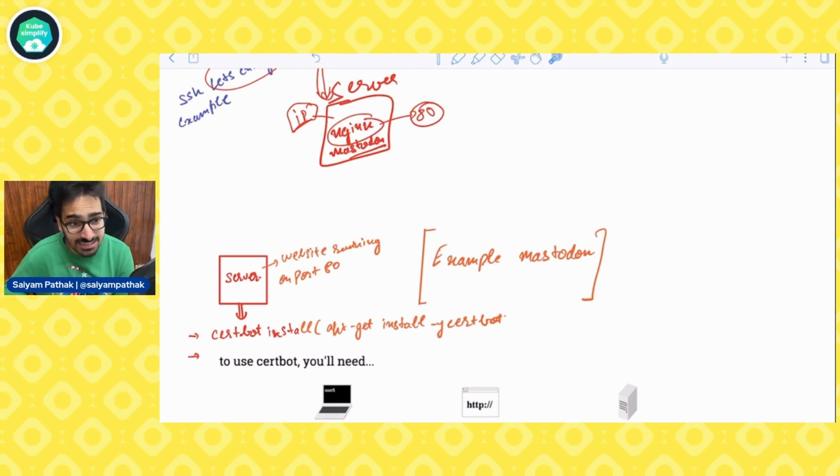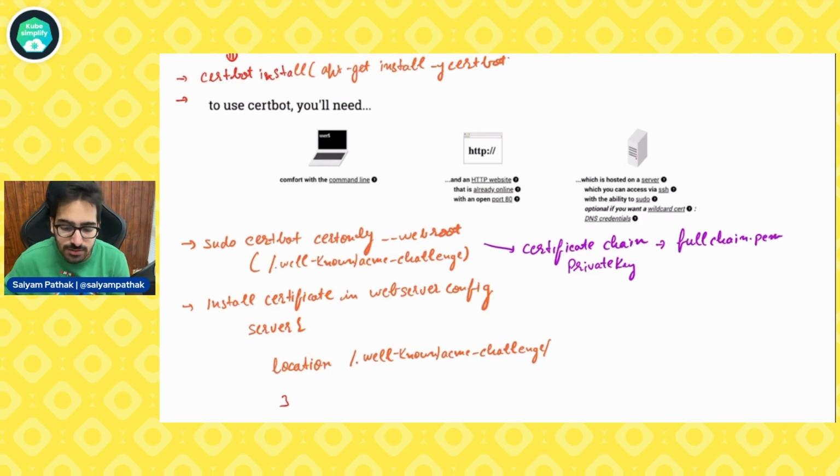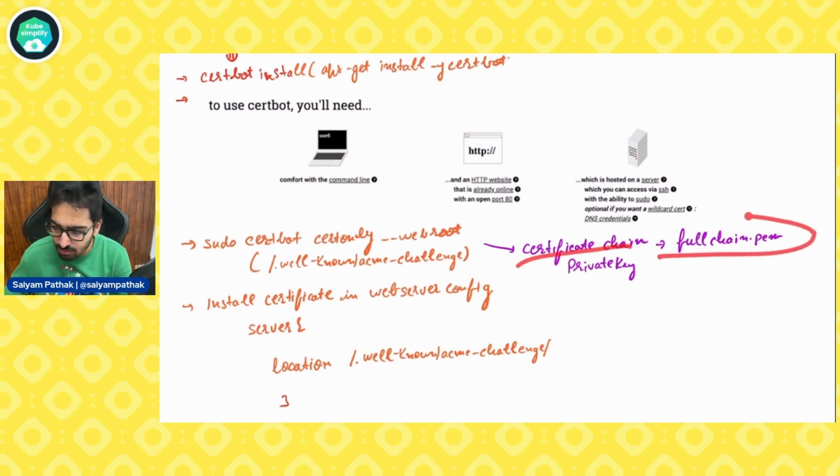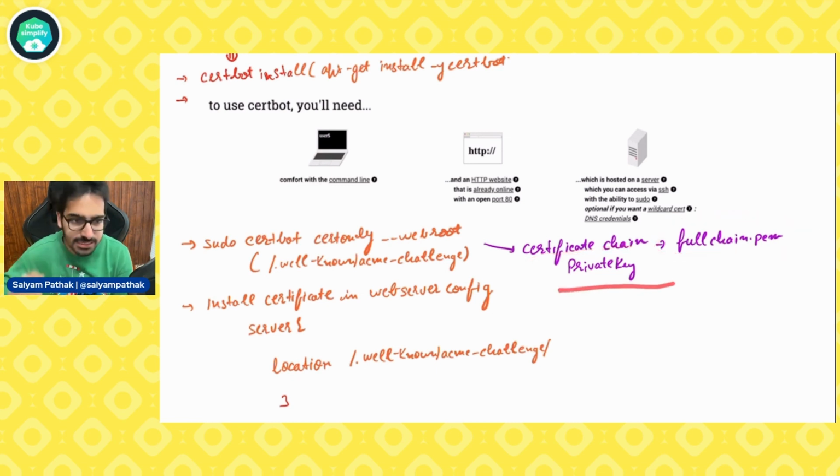In this scenario, we have taken it as Ubuntu, so you do apt install certbot. Once certbot is installed, you can use it to generate the certificate, and you will give out the domain and all that information, accept the license agreement, and then it will generate the certificate chain called fullchain.pem, the private key, and all those.